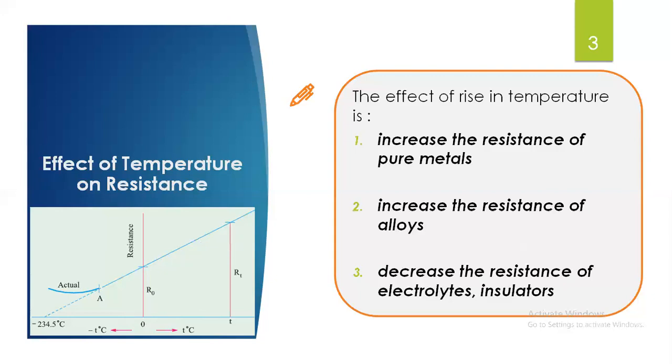And for insulators and electrolytes, with the increase in temperature there is a decrease in resistance. So we can say increase in temperature and decrease in resistance. That's why we can conclude that electrolytes and insulators have a negative temperature coefficient of resistance.